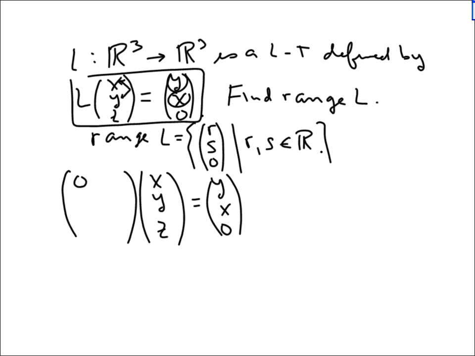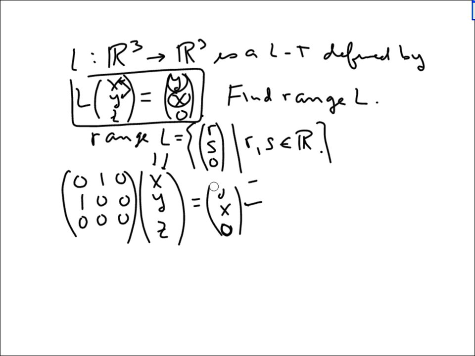Well, if you do 0, 1, 0, and you dot that with x, y, z, you'll get y. If you did 1, 0, 0, and you dotted that with x, y, z, you'll get x. And if you did 0, 0, 0, and you dotted it with x, y, z, you'll get 0.